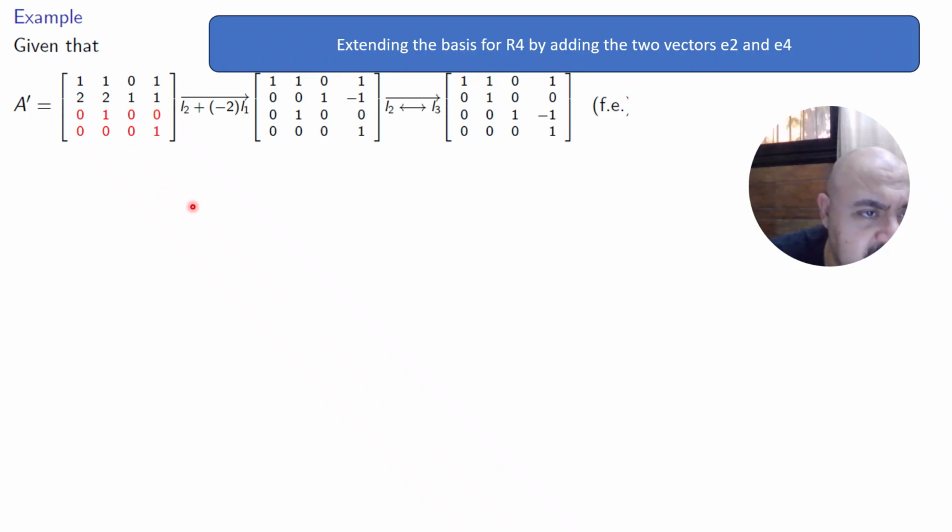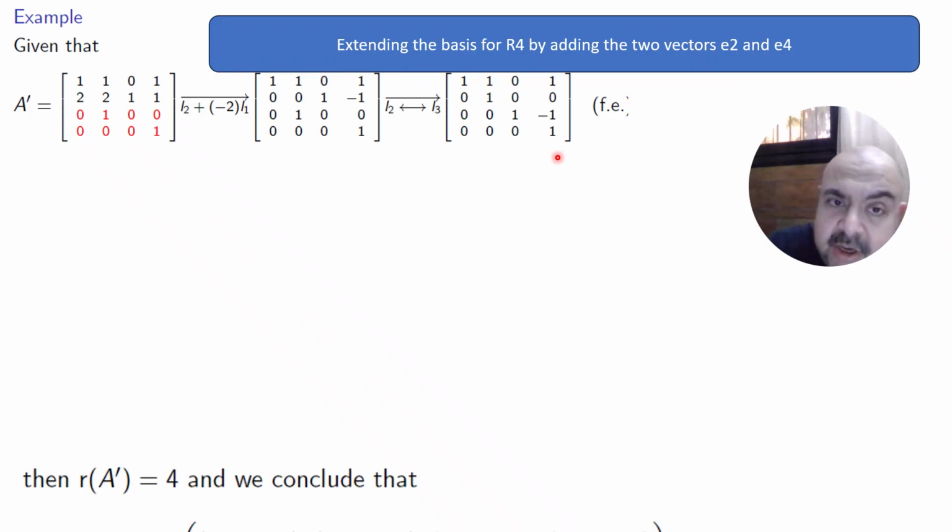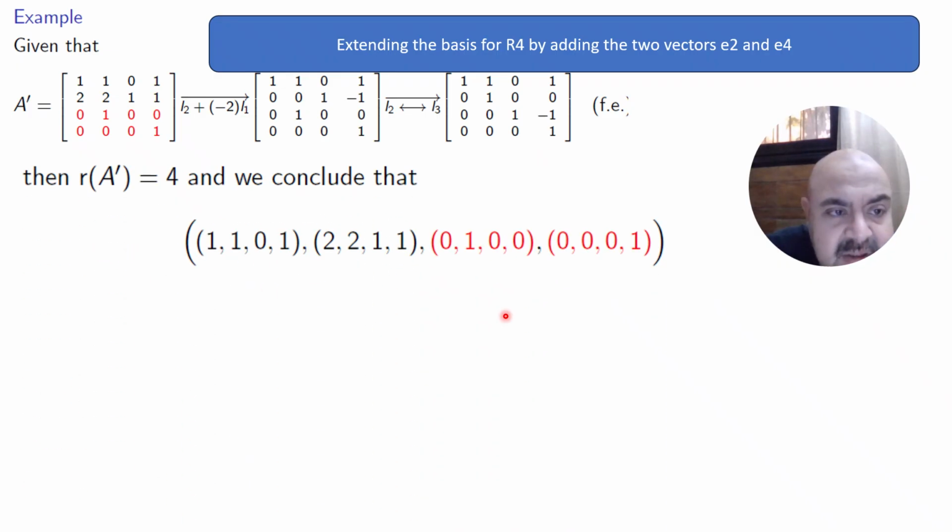Let's try them. This is e2 and e4, and here we go as rows. This is e2 and that's e4. And also, if you try to reach a reduced echelon form or an echelon form, you will end up having a rank of 4, which means they are linearly independent. And so the set that can generate R4 is v1, v2, and now you have e2 and e4.